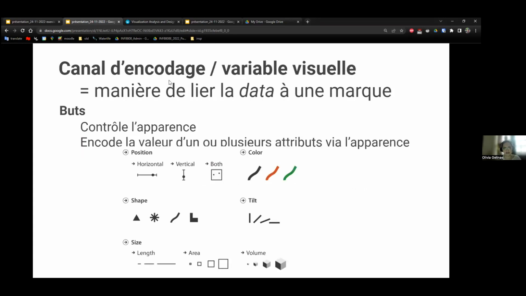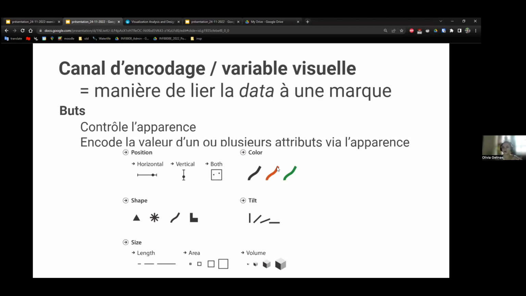So we're going to use what we call encoding channels. That's what we do visually, and that's the way to be able to link the data with a mark. So if we just put a dot on a page, it's not going to give too much information. But if you add axes X and Y, and we position the point, or we use the channel of positioning, well, at that point, it could encode two different pieces of information, one in X and one in Y. And if not, it's the color.